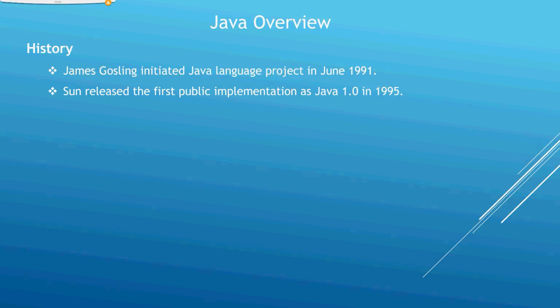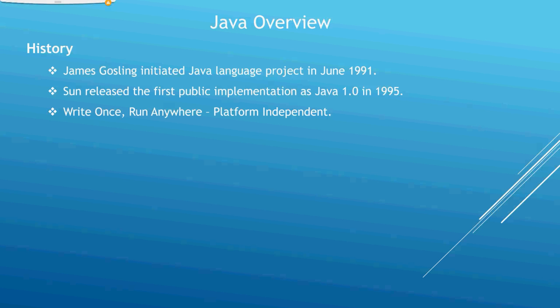They released the version as 1.0, and when they released it, they announced to the public: write once, run anywhere. That means it's a platform independent program, so anybody can use Java, write your own program, and you don't need to depend on any operating system, for example Windows or Linux or Mac OS.